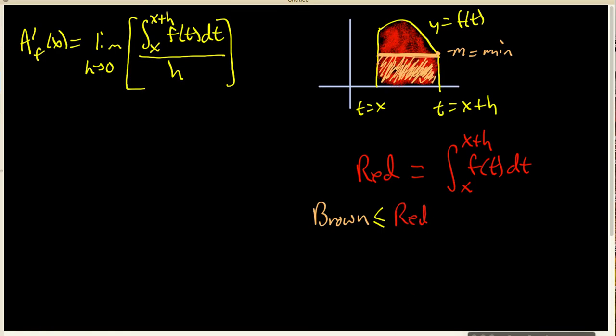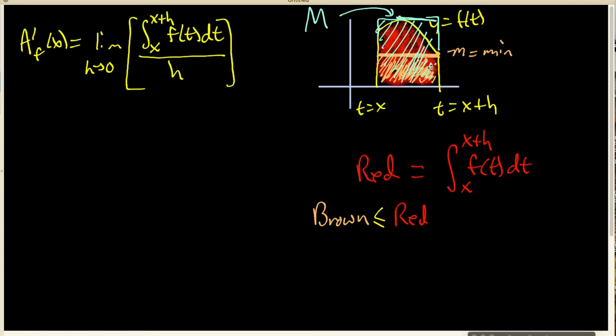And now I'm going to think about the maximum value this function takes on between x and x plus h, and that's up here, and I have a teal colored rectangle that is based on that maximum value that the function takes on.